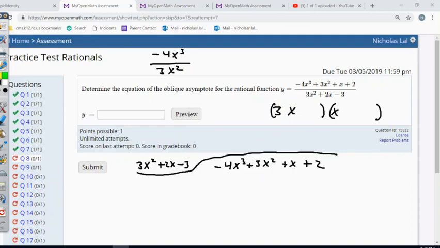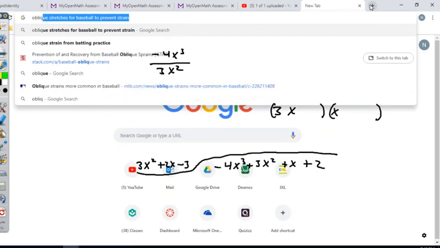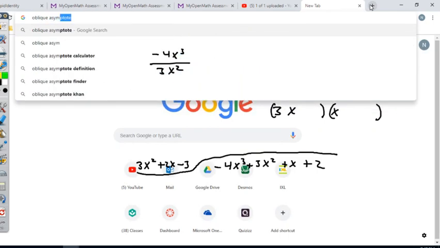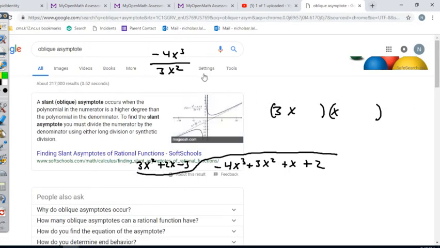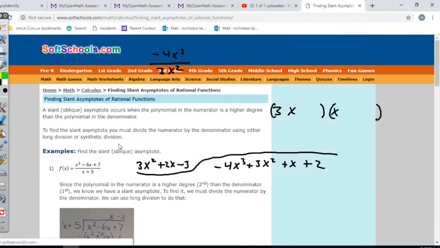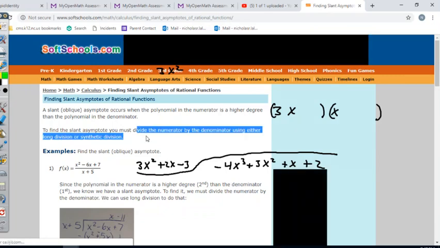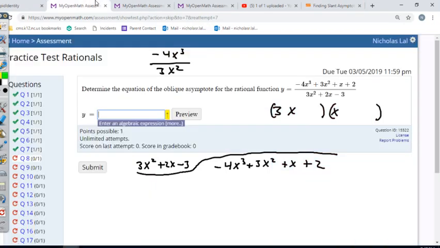So is there an efficient way to find the oblique asymptote? Yes, so we have to do long division.